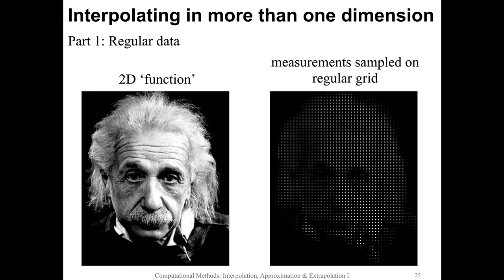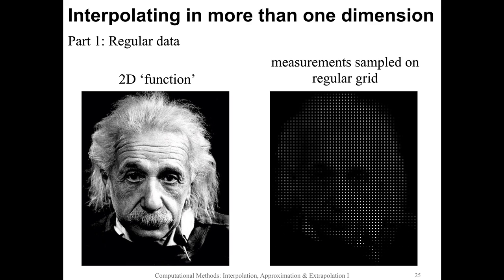Sticking to regular data, we can imagine that we might have a two-dimensional function, in this case visualized as the image on the left, whereby the value of the function is represented by the brightness of the region.